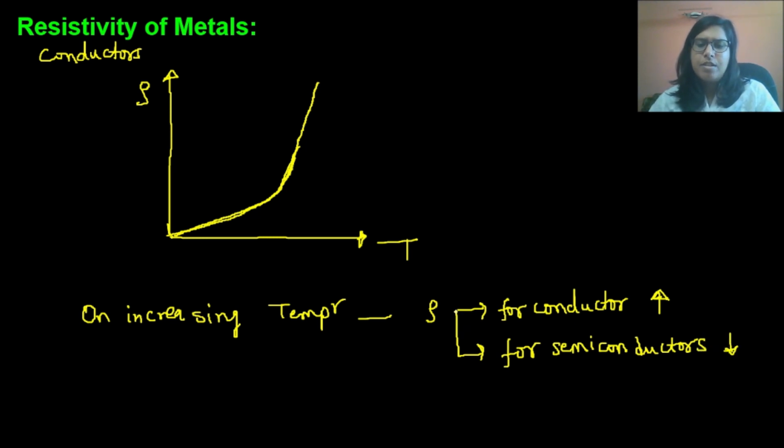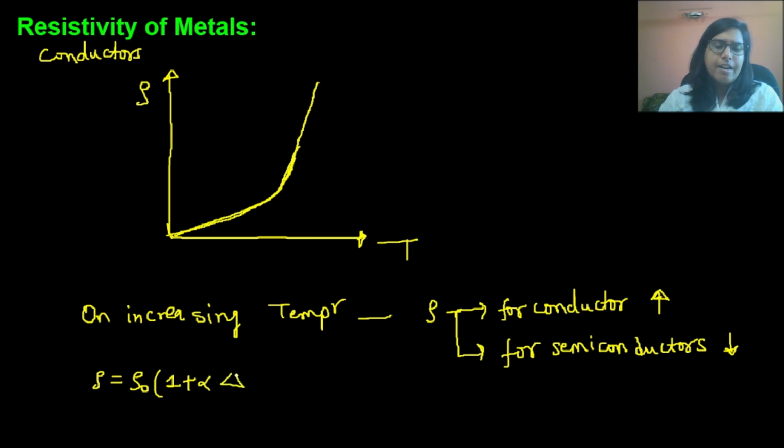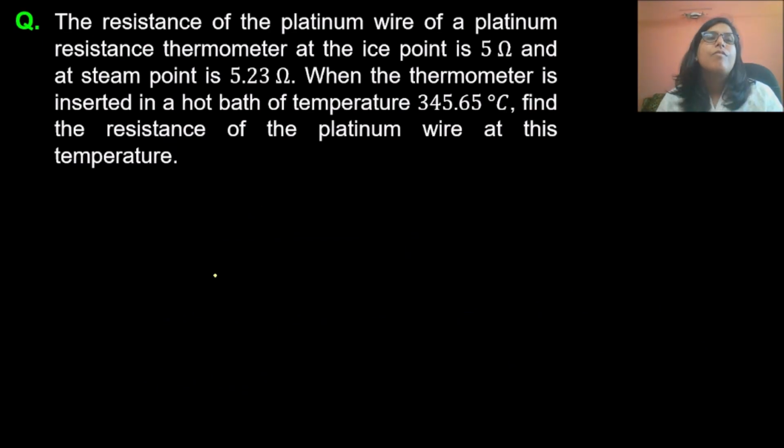So remember this statement also, it can be asked in the exam. Now based on this formula, rho equals rho naught 1 plus alpha delta T, we will solve a question.